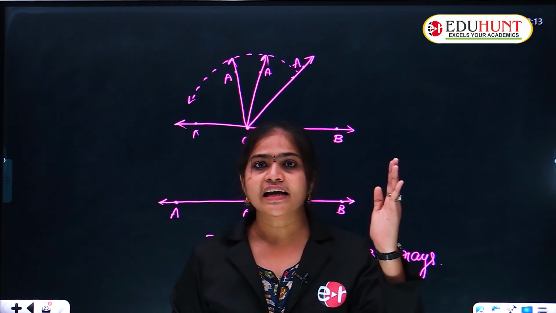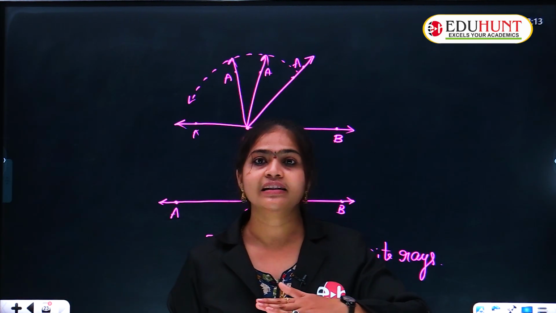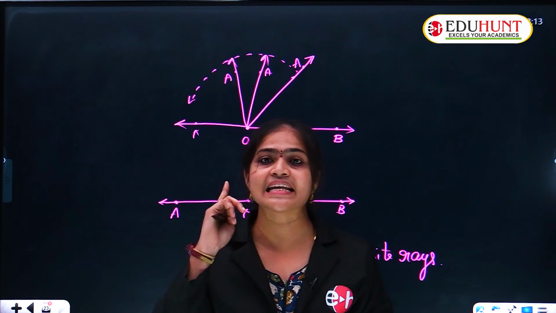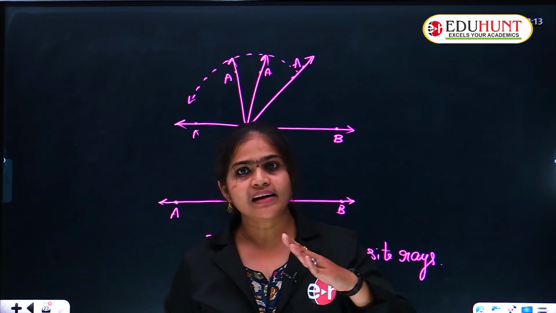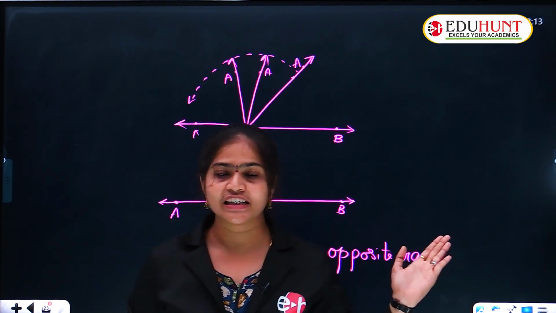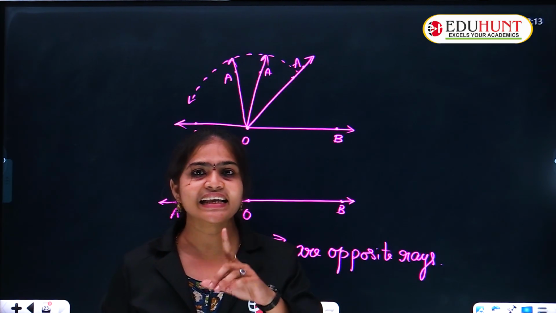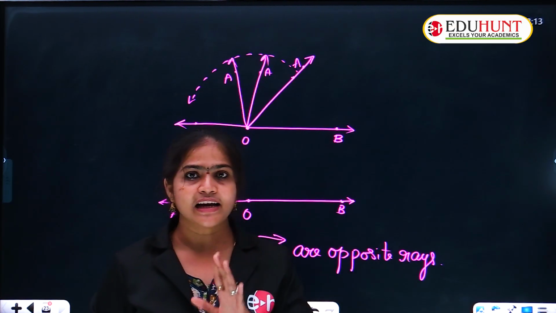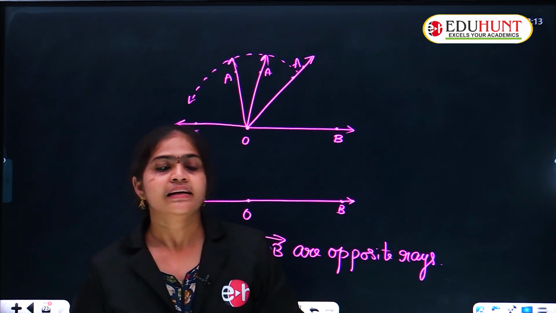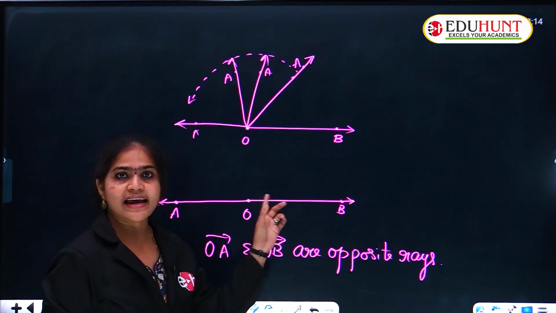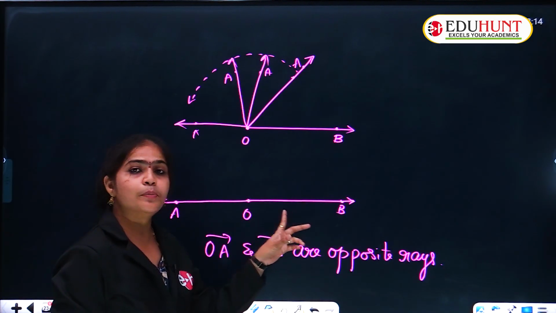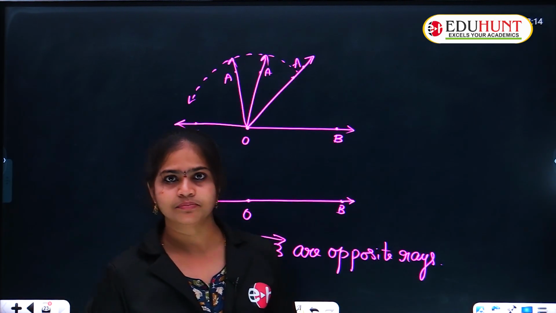If the terminal ray moves in clockwise direction, then the angle will be negative and in decreasing order. If the terminal ray moves in anti-clockwise direction, then the angle will be in increasing order, and we will get a positive angle. Now see, those two angles also lie like a straight line, opposite rays. Those two opposite rays form a straight line.